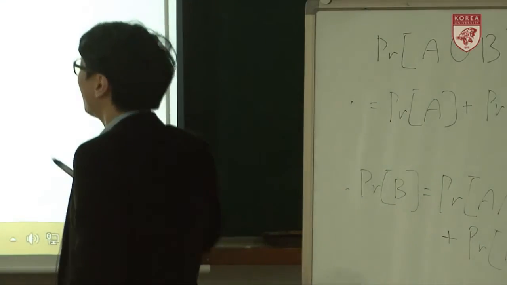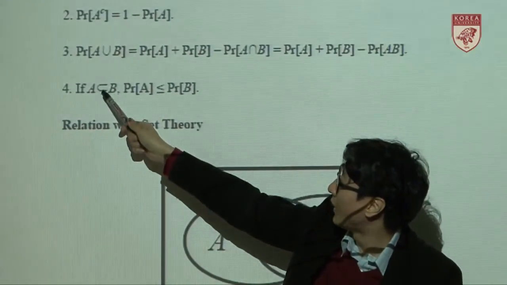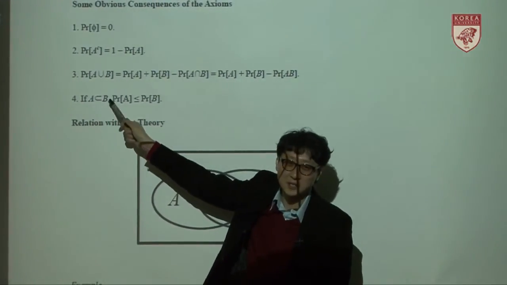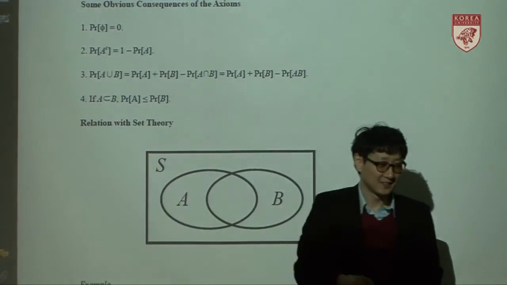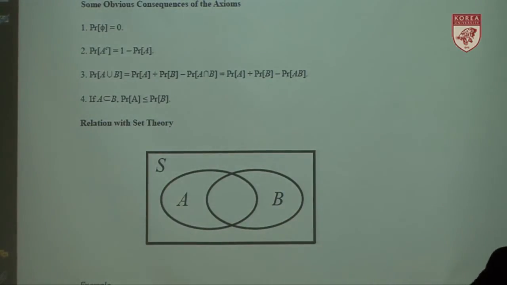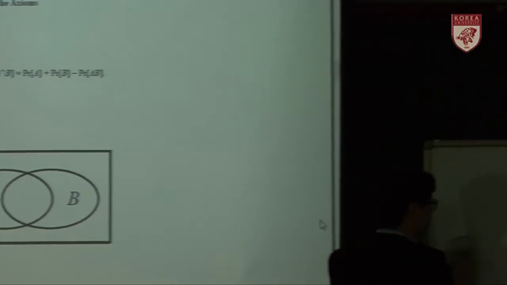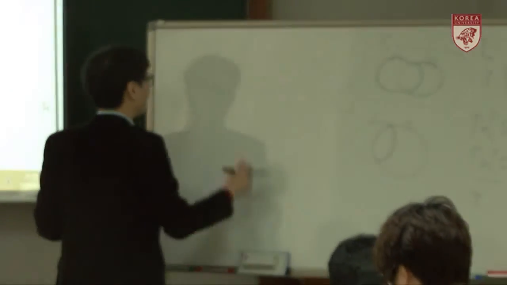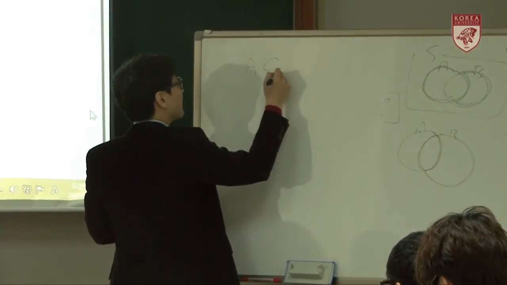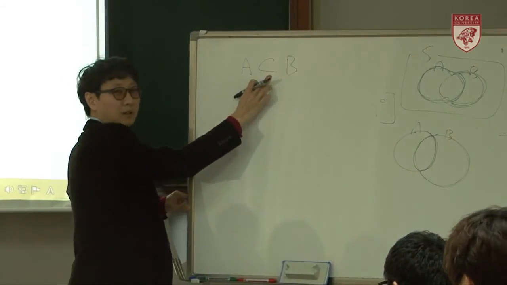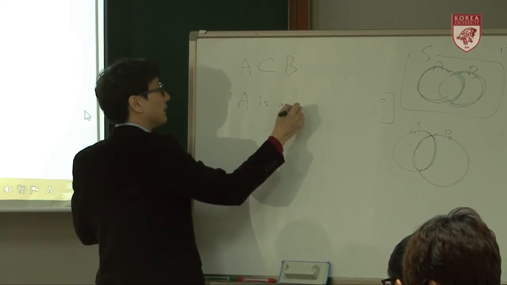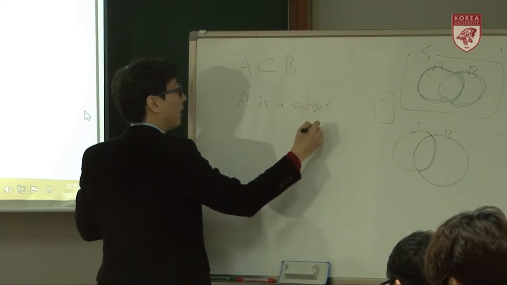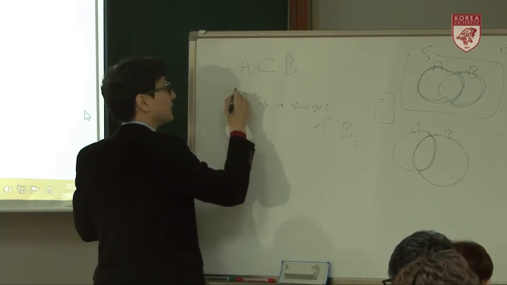Okay, so the next one. If A is, what's this notation? This notation means A is a subset of B. Again, when we say A, this notation, and B, that means A is a subset of B. Subset.